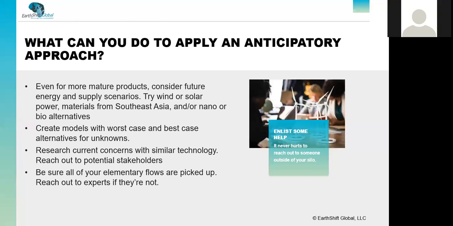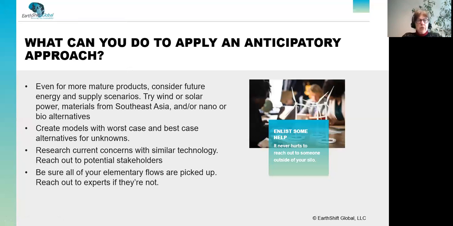Okay. And can you please speak about how anticipatory LCA is conducted differently from attributional LCA? So in a way, you could think of it as an attributional study.